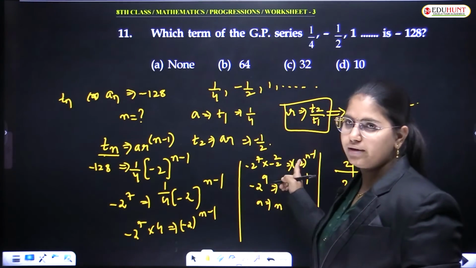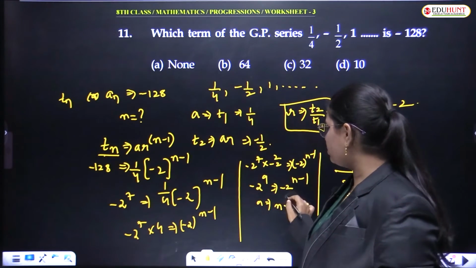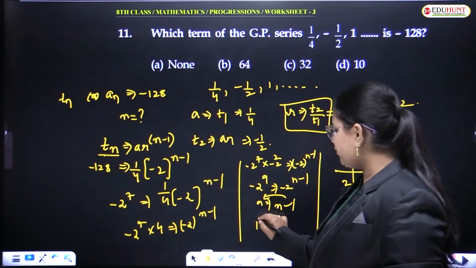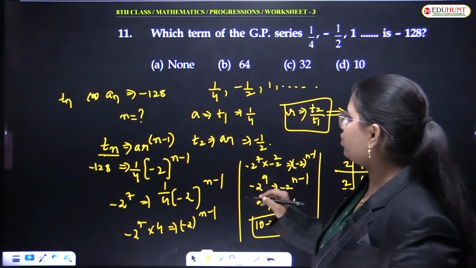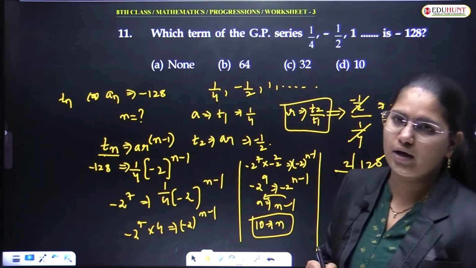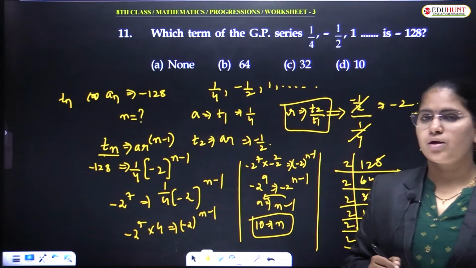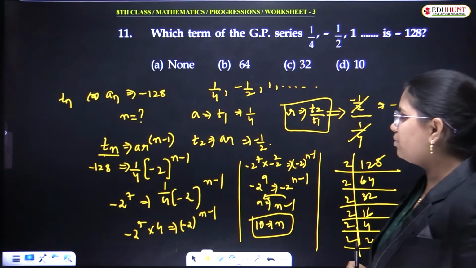So I need to find the value of n. Transpose minus 1 to that side, what will it become? 10. So n is equal to 10. At the 10th position it takes the value minus 128. Am I clear with this question, dear? Please observe this problem.